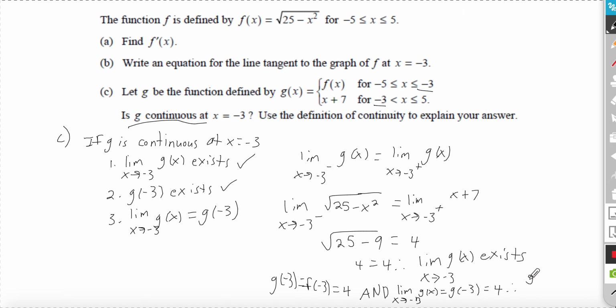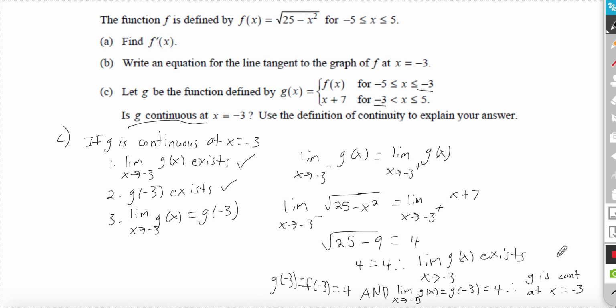Therefore, G is continuous at x equals -3. So I checked to make sure my limits exist by checking the left and right-hand limits. The limit existed because the left and the right-hand both came to 4. G of -3, which from up here is f of -3, is 4. So my point exists, and that limit that I found, 4, equals the point 4.